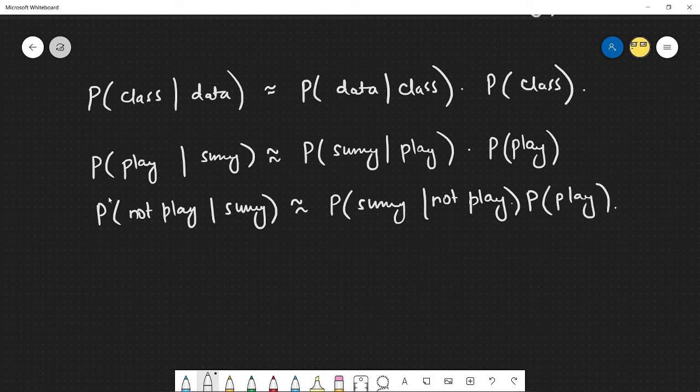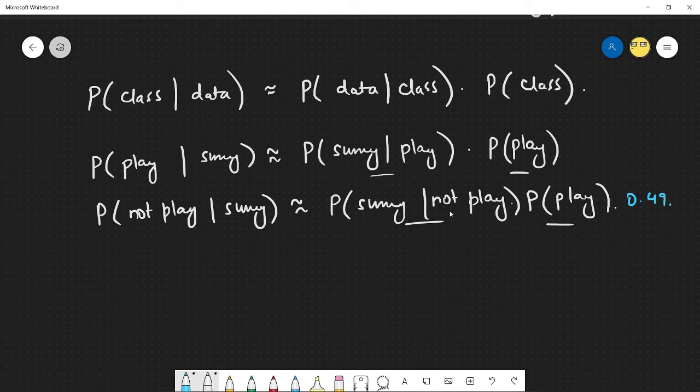So this is what we wanted to figure out the whole time, right? What is the probability that I'm going to play or not play tennis given that the outlook is sunny? If I were to plug in these values, I will get two different probabilities. Let's say this came out to be 0.49, that is the probability that I'm not going to play given sunny.